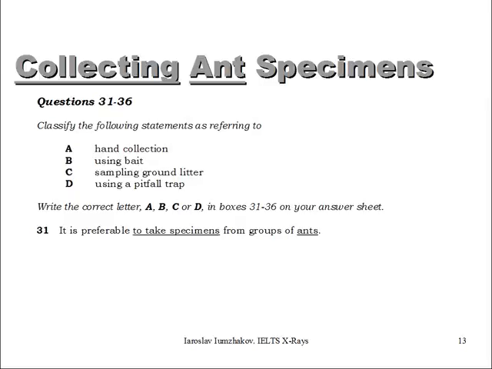So to find the answer to this question, you should look for matches for the words preferable and groups. Here we come to one more important IELTS skill, and that is matching words. In general, you can match words if you understand that two words or two phrases mean the same.